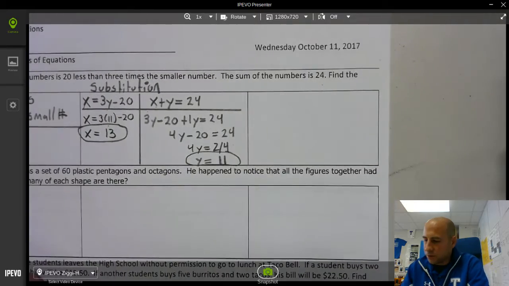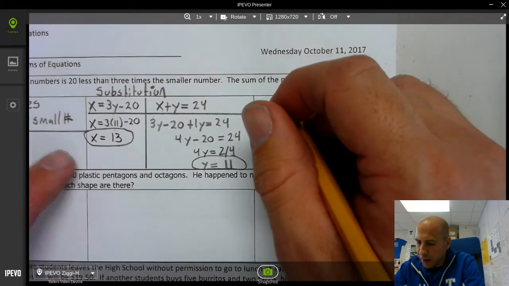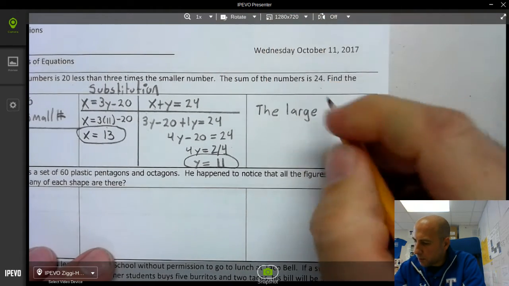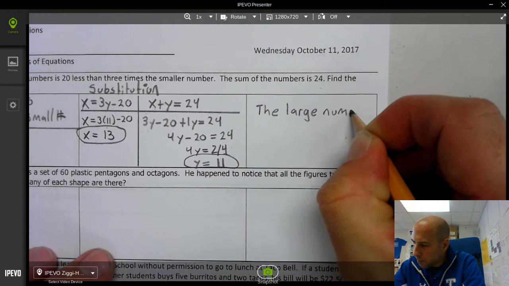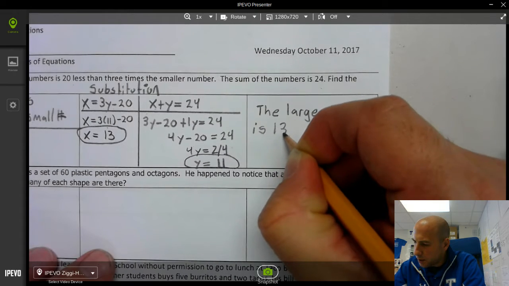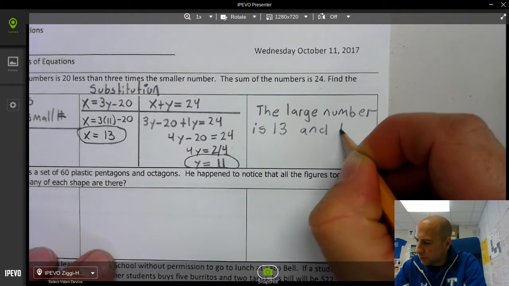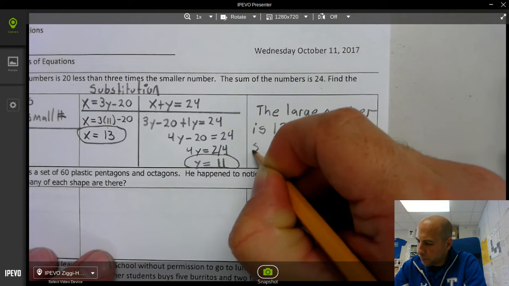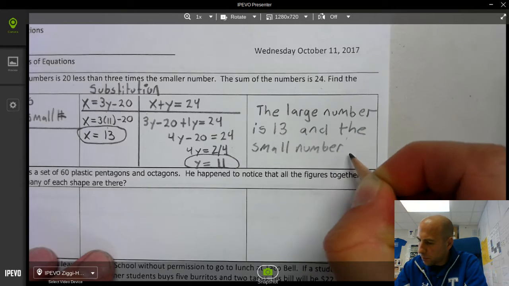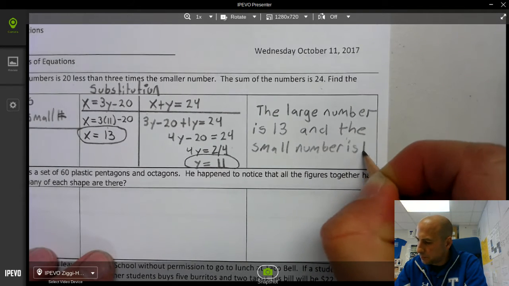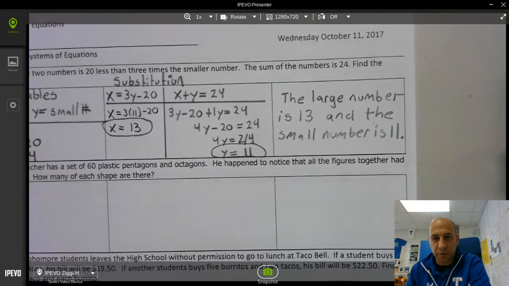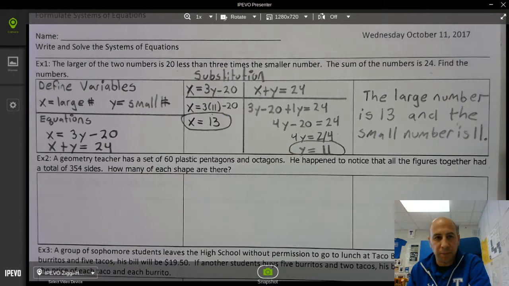We want to say that we know that x is the large number, so the large number is 13 and the small number is 11. All right, so let me see if I can get all this on the screen. If you want to pause for a moment and update example 1.